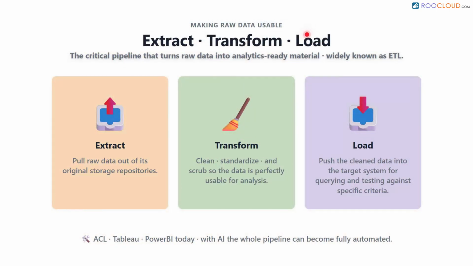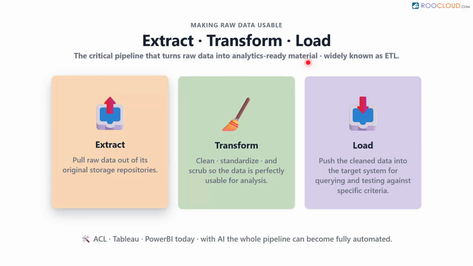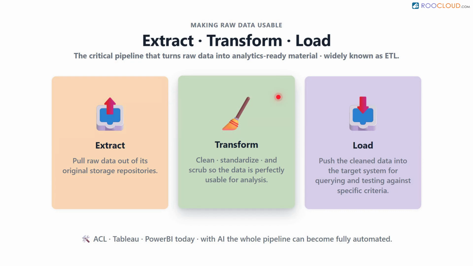To make any of this raw data usable, we rely on a critical process called extract, transform, and load, widely known as ETL. First, the data is extracted from its original storage repositories. Next, it is transformed. Transformation is the cleaning process where data is standardized and scrubbed so it is perfectly usable for analysis.